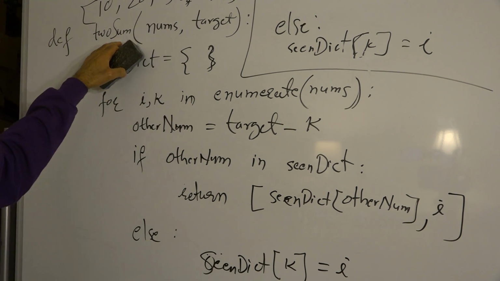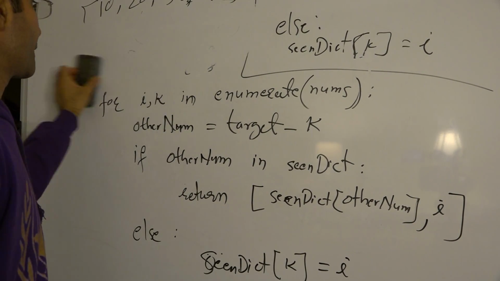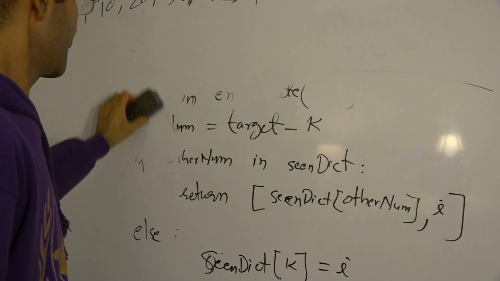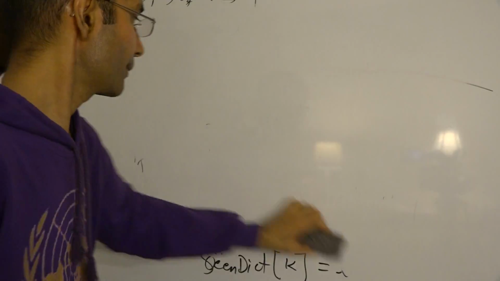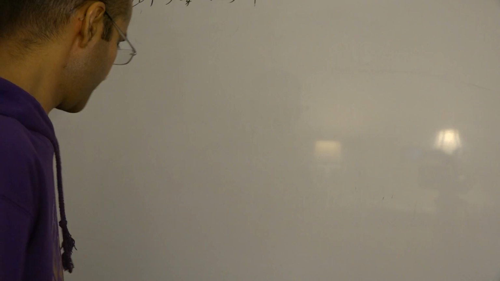Remember, it is toSum. Okay, now we can just call it. So how do we call it? In Python we write a main: def main.